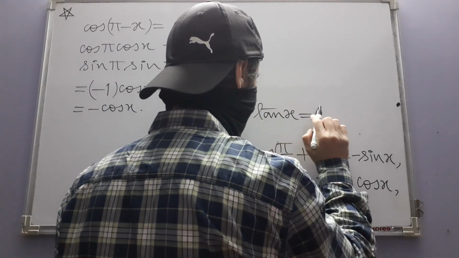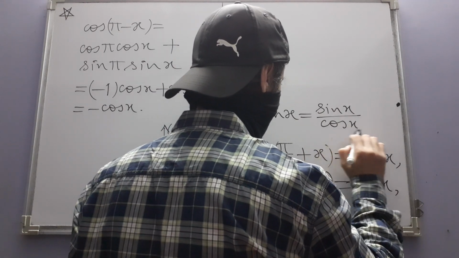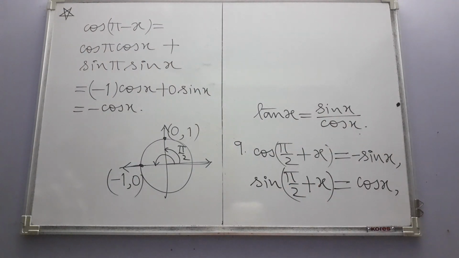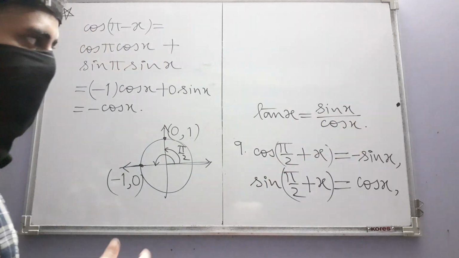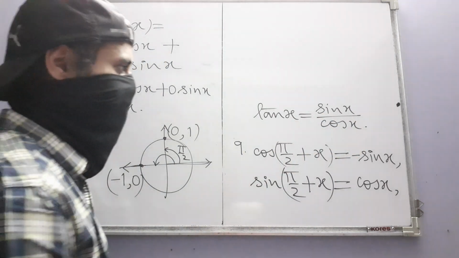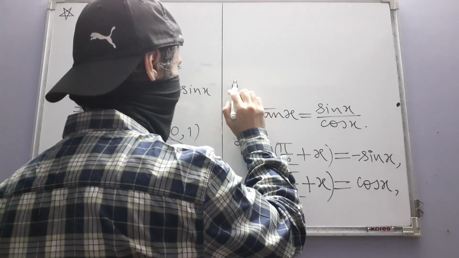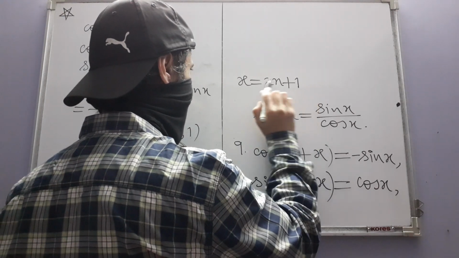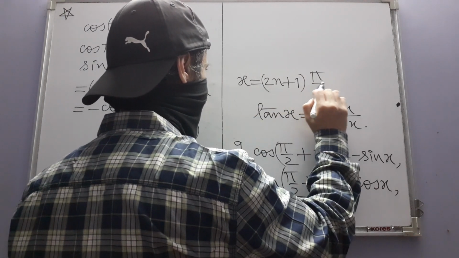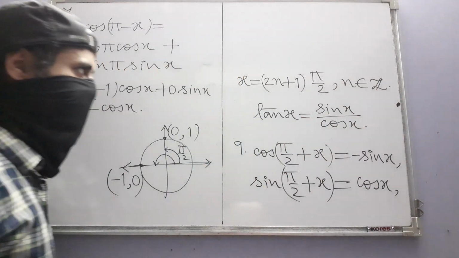The definition of tan x is this, right? So the only problem is if cos x becomes 0, then tan x is undefined. And cos x becomes 0 when? Precisely when x is an odd multiple of pi over 2, where n is an integer.